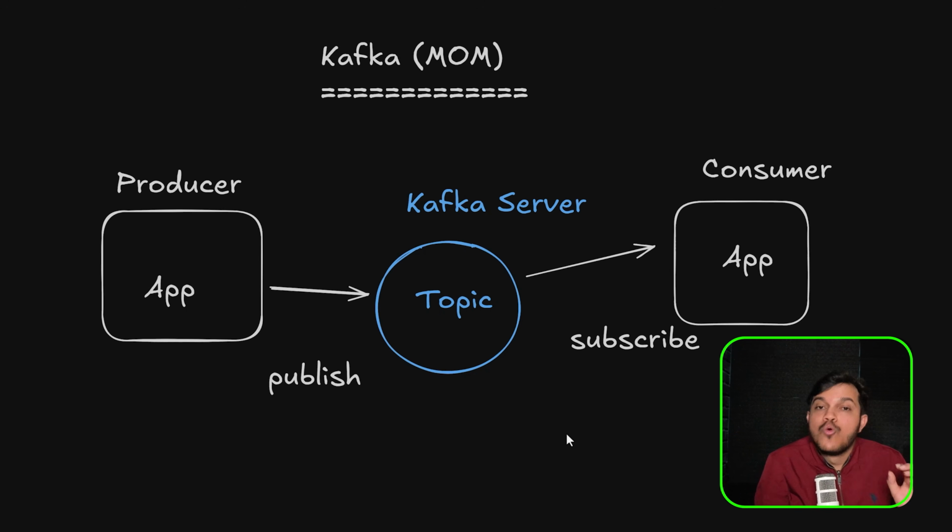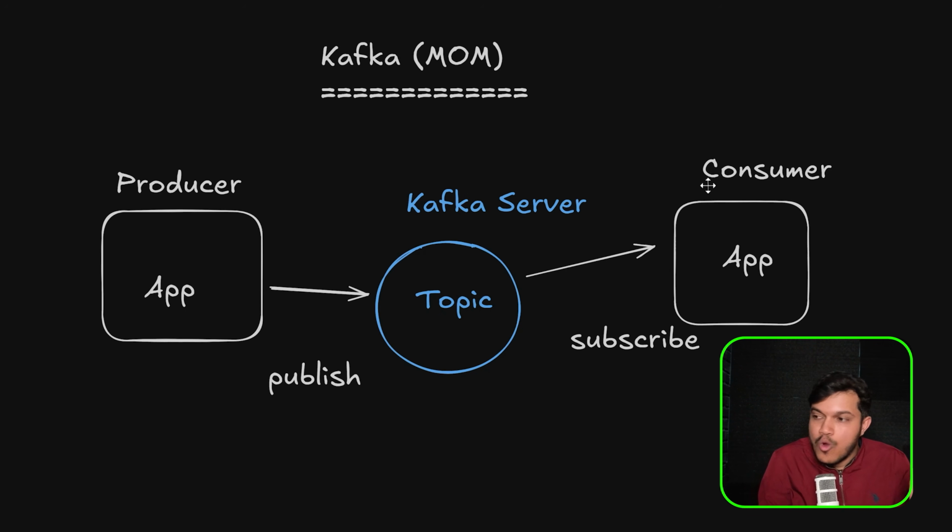Now all the ones who want to take that message, take the data, they have to get connected to the Kafka server, and they have to subscribe to the data, or you can say they have to consume the data. That application can be called the consumer application. There could be one consumer application, there could be many consumer applications, it could be one-to-many also.